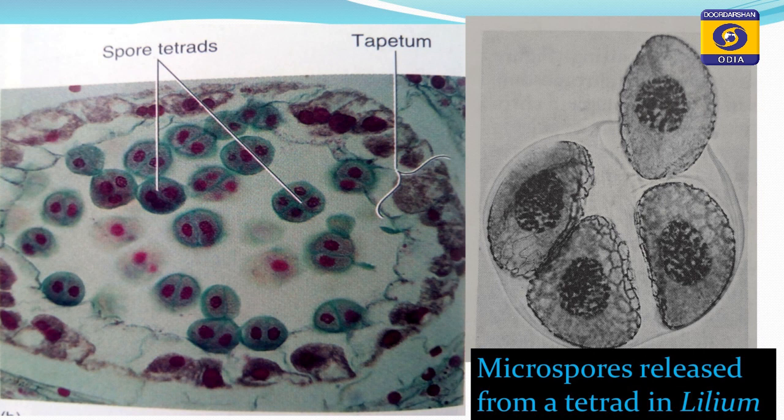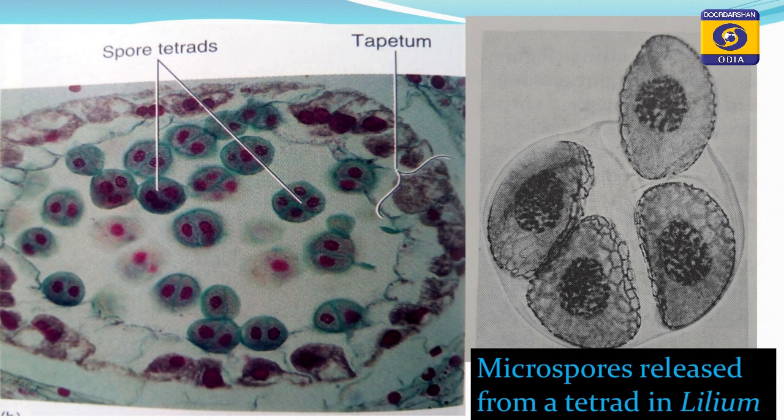Now, microspores are initially glued together, but later they separate from each other, because the 4 microspores do not remain together, rather they become free from each other. So definitely the glue, the cementing substance which holds all 4 together, must be dissolved.